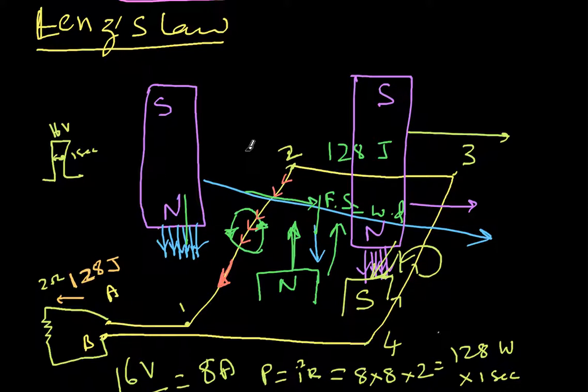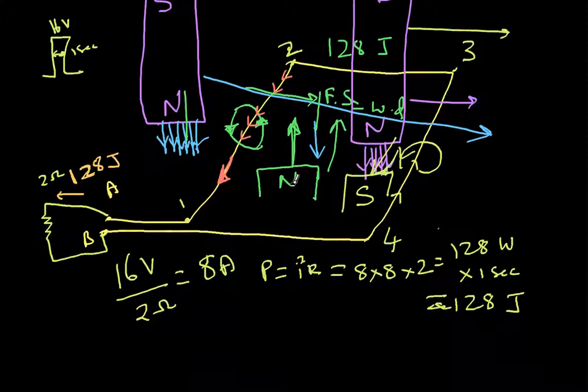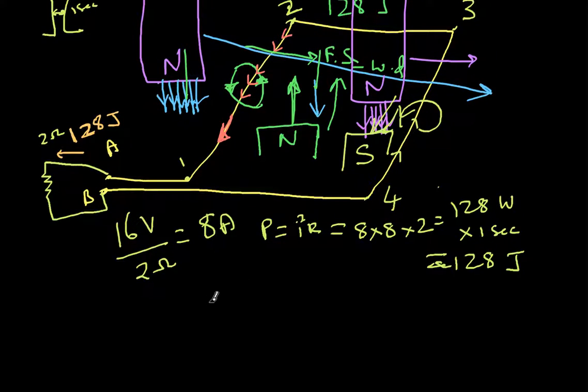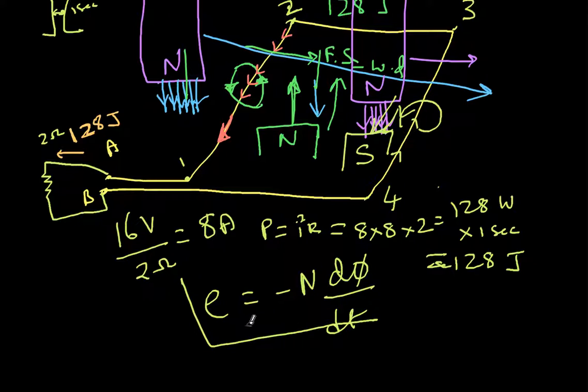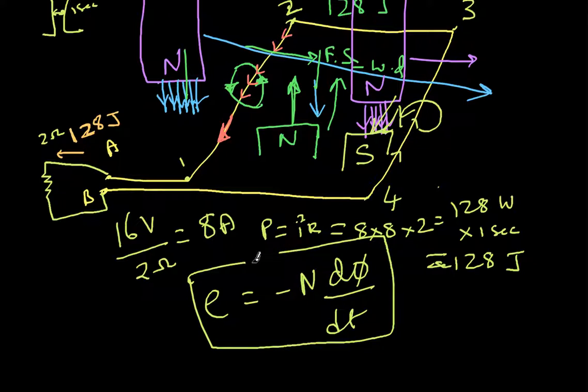So to signify that, the sign that is taken is EMF induced is minus n d phi by dt. Okay. So to maintain the law of conservation of energy, Lenz observed this, and then he corrected Faraday. This was done in the year 1835. Okay, that the minus sign is to be there.